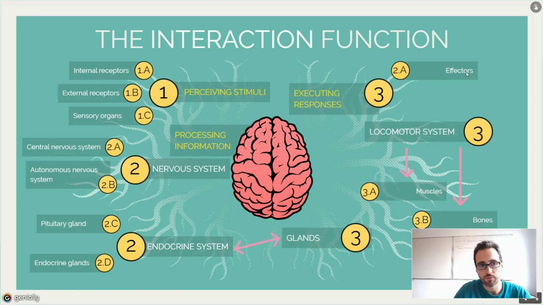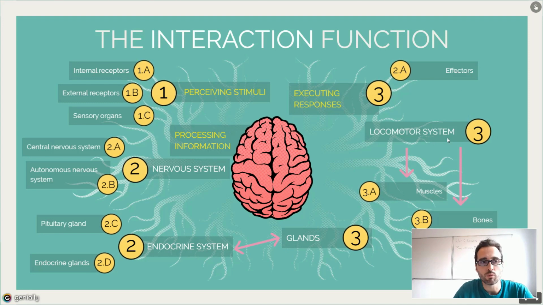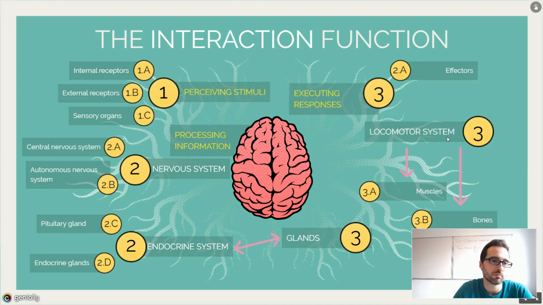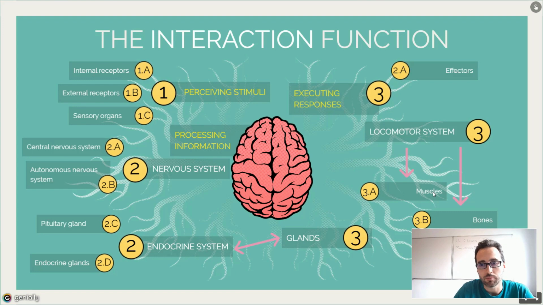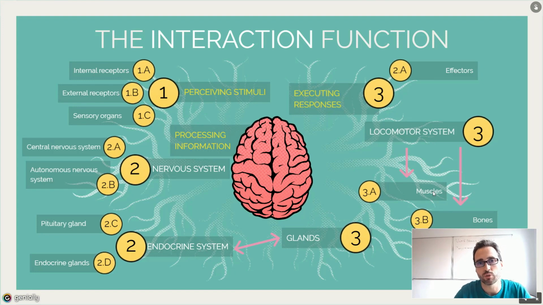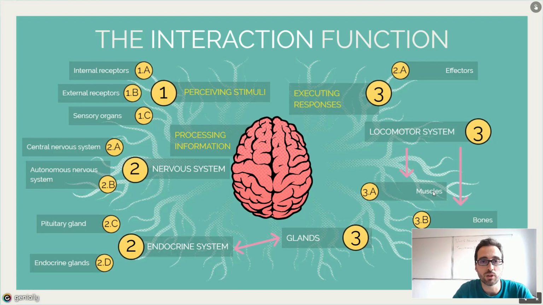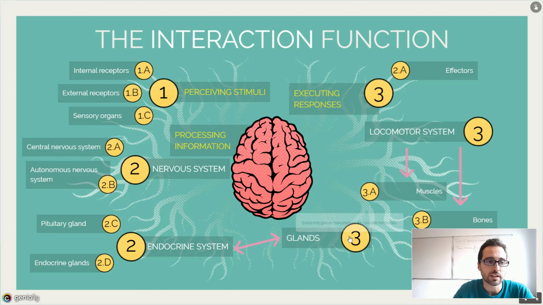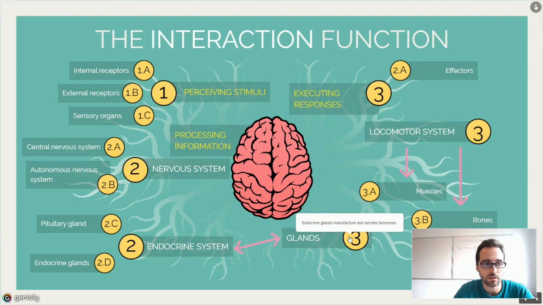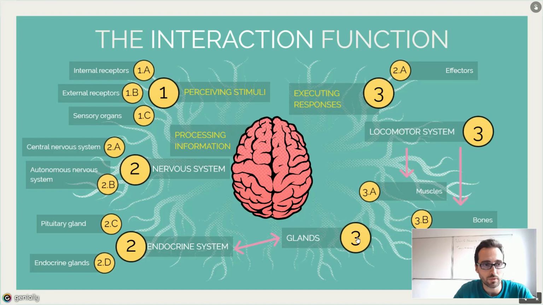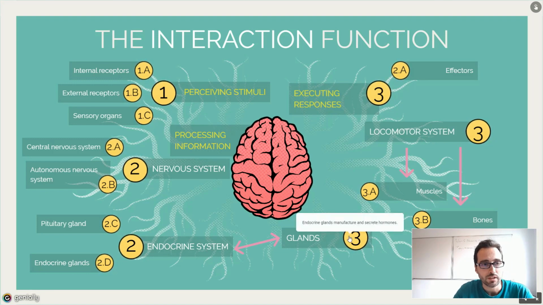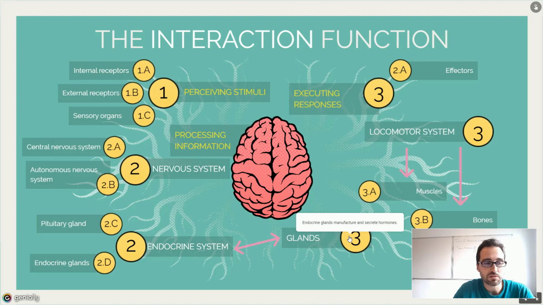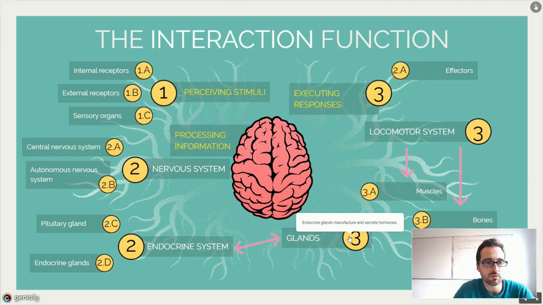So we can find effectors in the locomotor system, because we can be talking about muscles. Muscles can contract or expand, following the orders of the nervous system. And also the glands. The glands are linked with the endocrine system, as we are going to see. And okay, this was the summary of the unit.